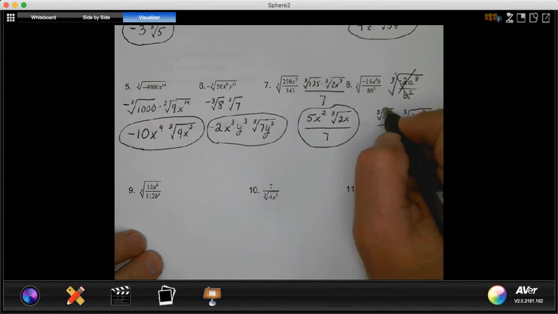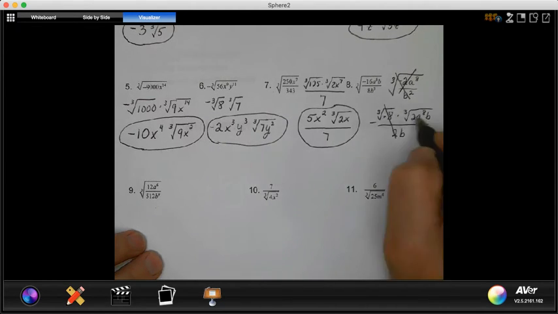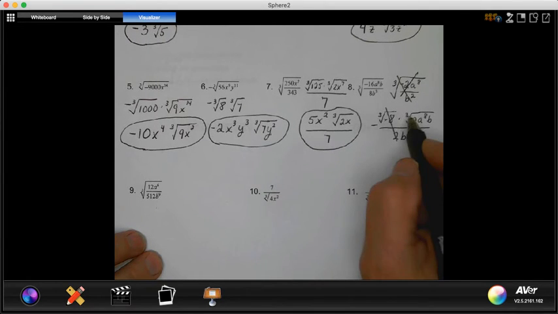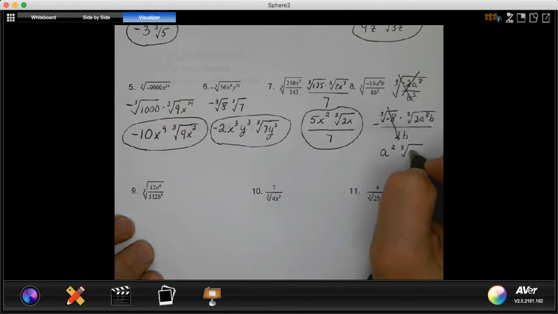If you can't see that, the cube root of negative 8 is negative 2. So the 2's cancel, and I'm just left with a negative. And then I'm going to pull my a's out. So how many times does 3 go into 8? It goes 2 times. So my numerator is a squared, and then I have the cube root of 2a squared b all over b.